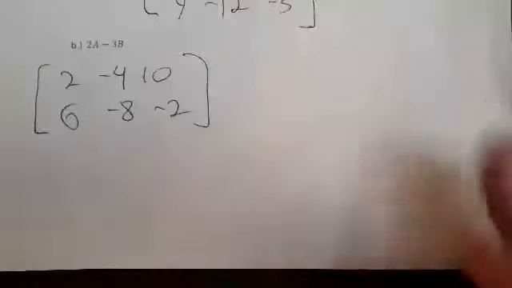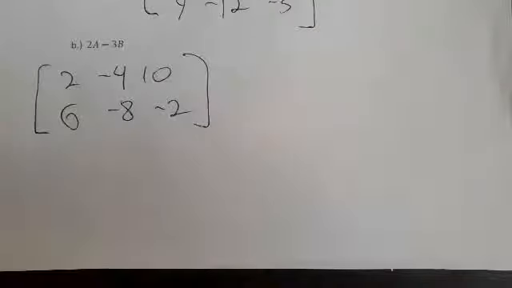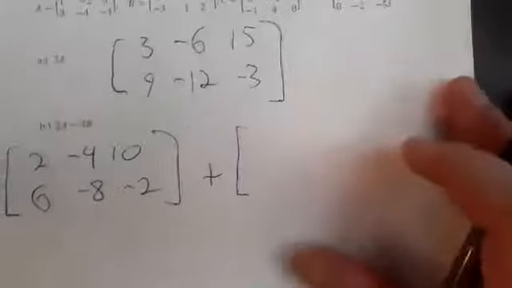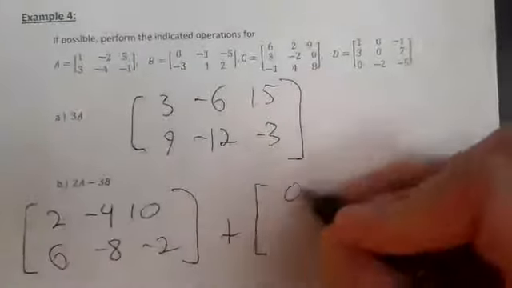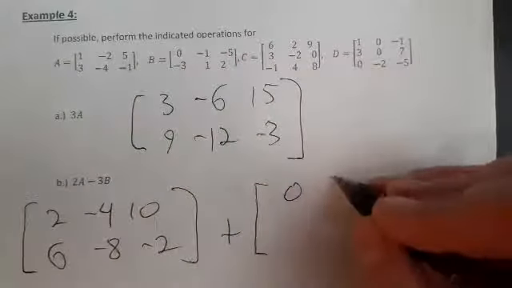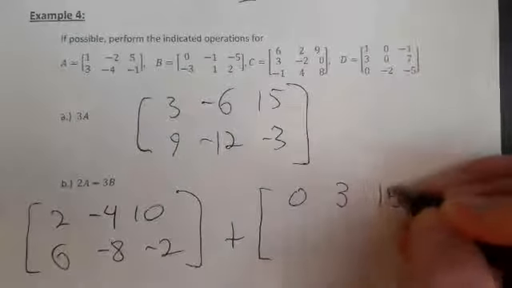And now comes the option, do I want to distribute the negative with the 3, or do I want to leave it remain? I think I'm going to distribute it and make this addition. So let's distribute that minus 3. So minus 3 to everything in B is going to give me 0. This is going to become positive 3 and positive 15.